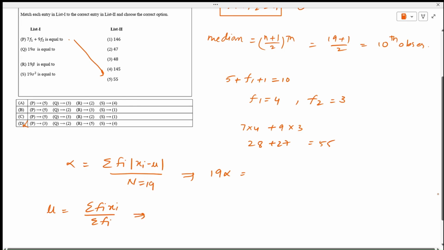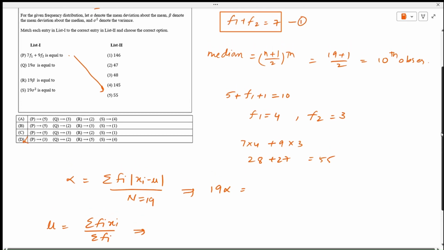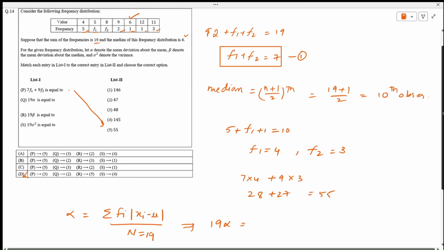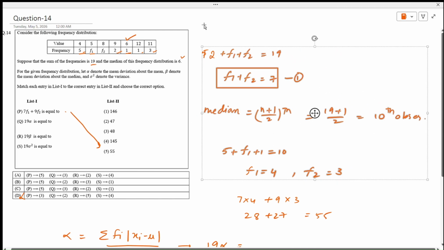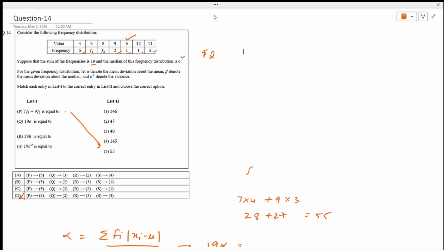Now, first let us look at the frequencies. Okay, let me solve it here. So let us get some space here. F1 is 4, F2 is 3, right?